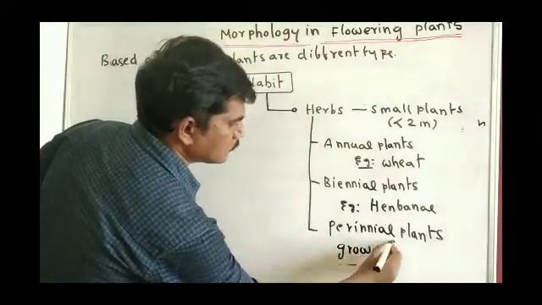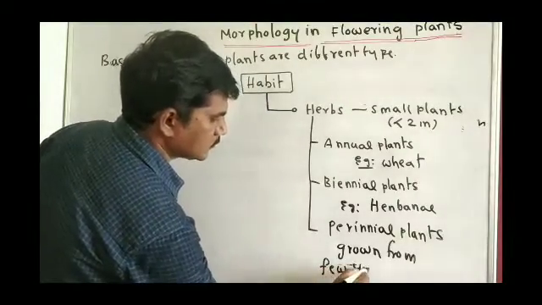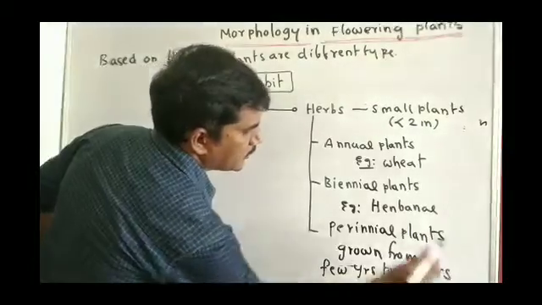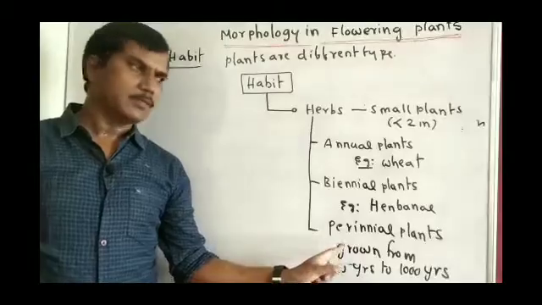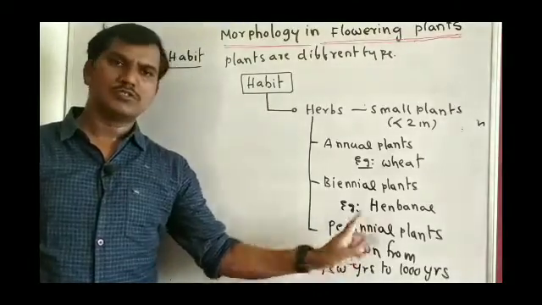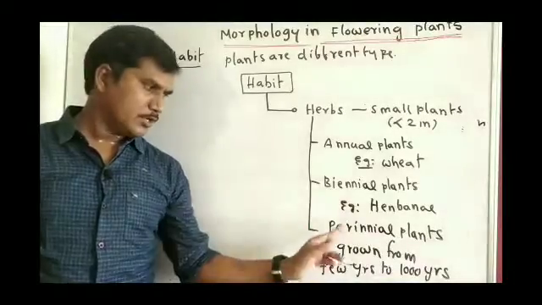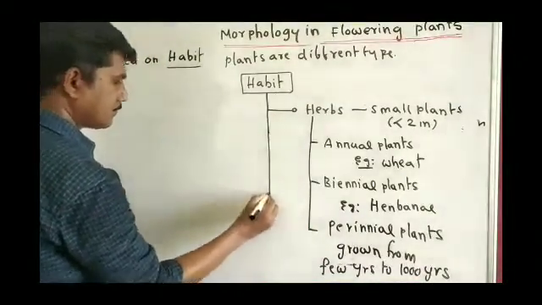Growing from a few years to 1,000 years. In the case of perennial plants, very important, perennial plants have either an underground stem or high water storage capacity. Important points. Now come to the second one.